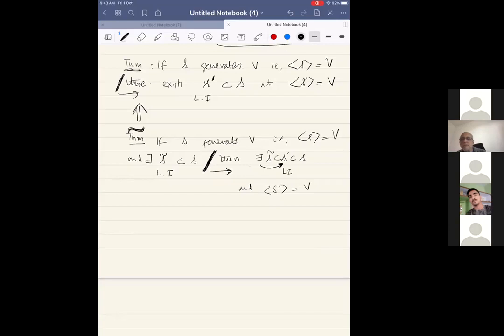Sir, S prime in both theorem 1 and theorem tilde refer to the same family of subsets? They are all subsets of S. S prime is some subset of S.